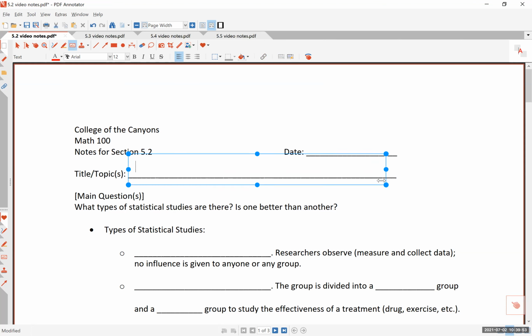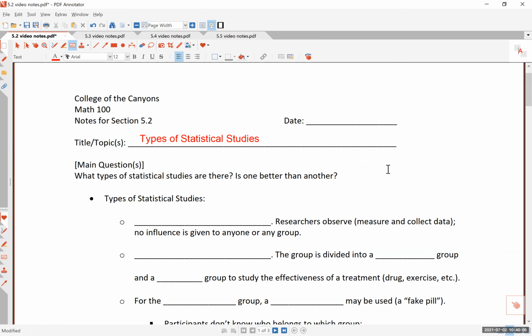Okay, section 5.2. The title is types of statistical studies. So what kind of statistical studies are there? The reason this is important is because depending on what type of statistical study was done, you can make conclusions. Sometimes you cannot make certain conclusions.